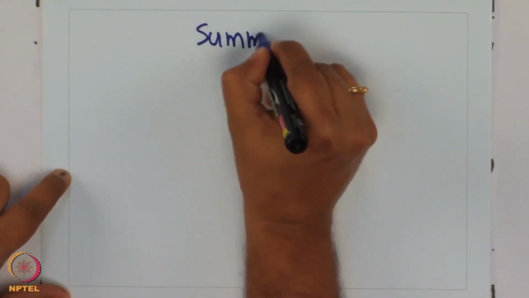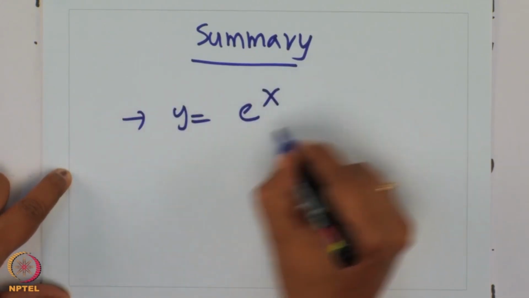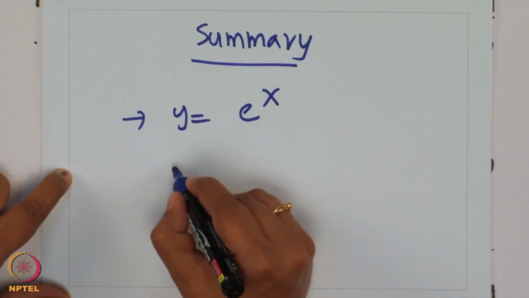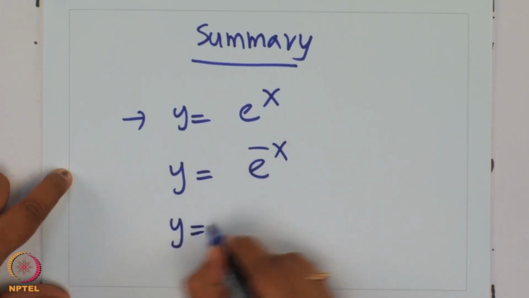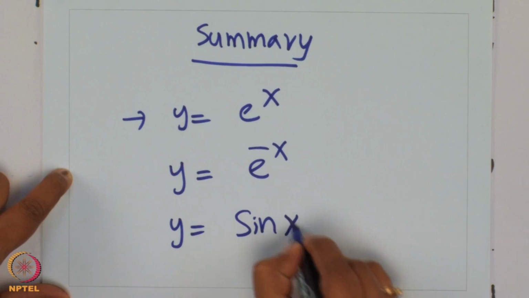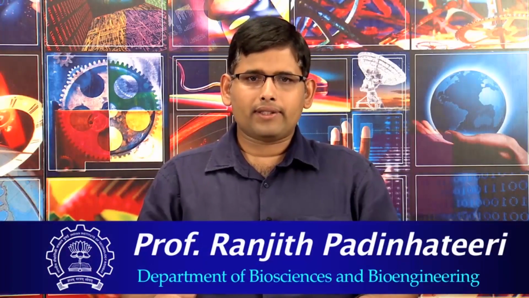To summarize, we learned y is equal to e power x, this expansion, then we learned y is equal to e power minus x, then we learned y is equal to sin x, which is an oscillating function. We will learn a few more functions in the next lecture, and with that we will stop the various functions and learn more things in the coming lectures.